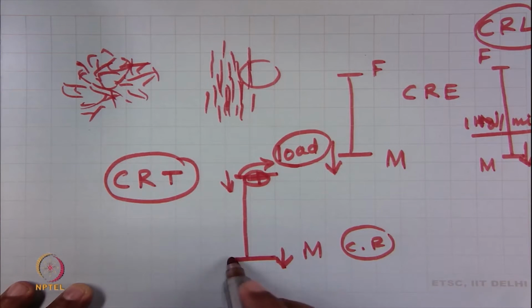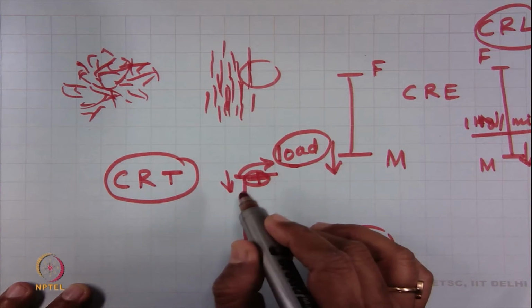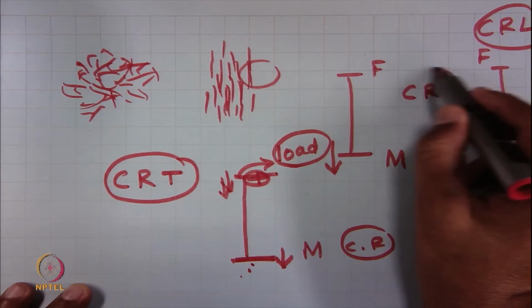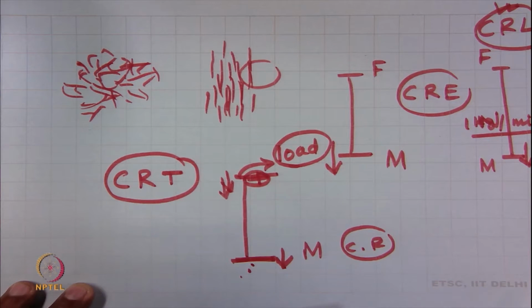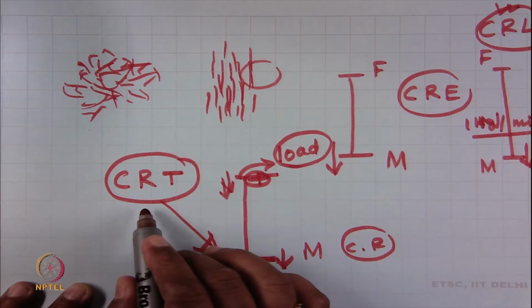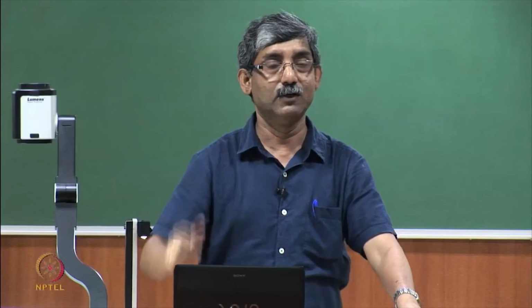The bottom jaw is moving at constant rate, the top jaw is not fixed, the top jaw also moves, but not at the rate of the bottom jaw. That means it is neither CRE nor CRL. So, that is why this method is termed CRT, because the bottom jaw is traversing at constant rate. And this method we will discuss in detail during the course.